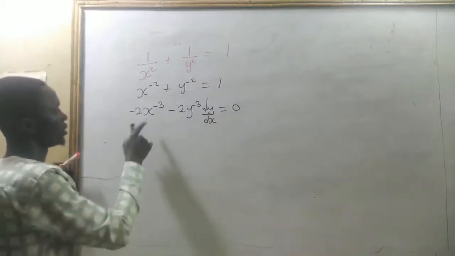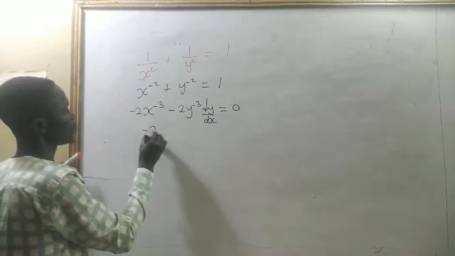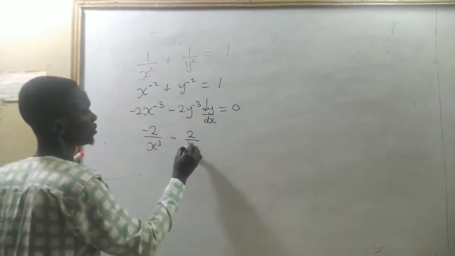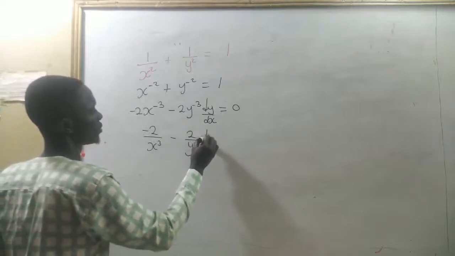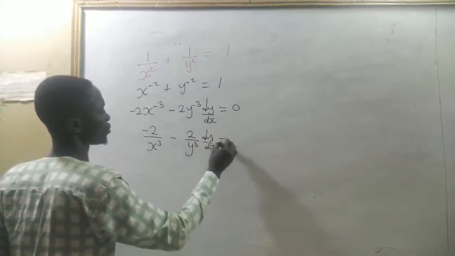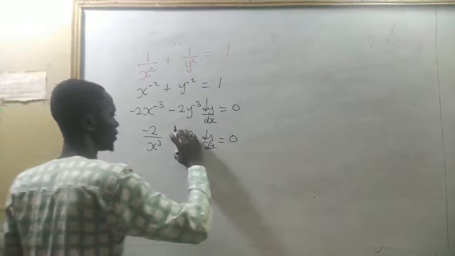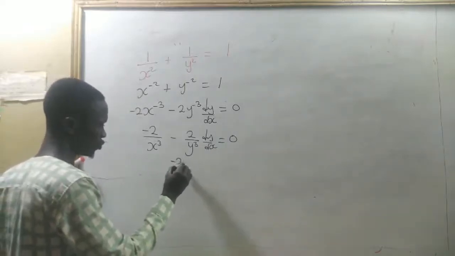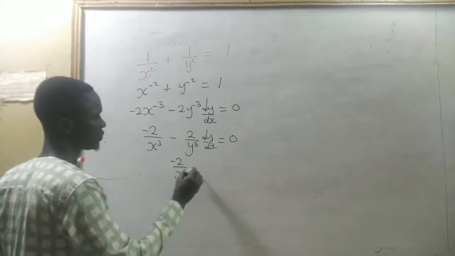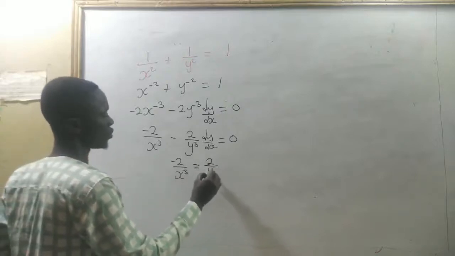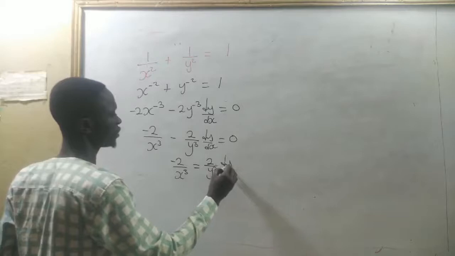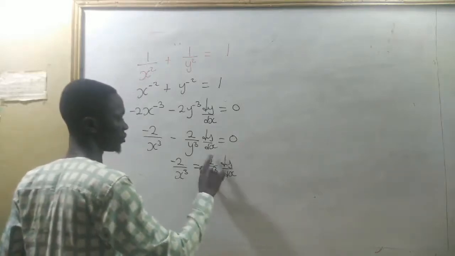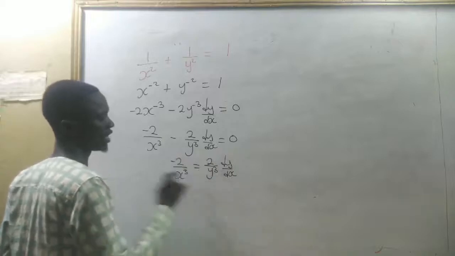So now what do we do? This one is the same as negative 2 divided by x cube minus 2 divided by y cube dy on dx equal to 0. So let's send this one here. We have minus 2 on x cube equal to 2 on y cube times dy on dx. So if you want to find dy dx, we divide this by 2 divided by y cube.